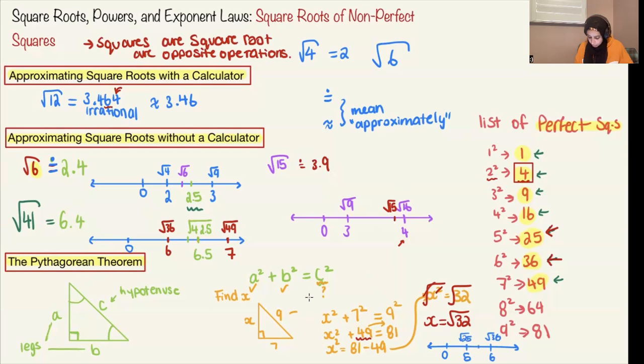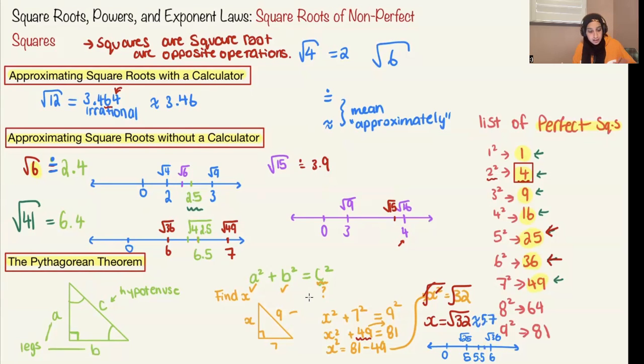Between 25 and 36, that's 11 units. And so the middle part would be 5.5 units away, like it would be 30.5, okay? But we're sitting at 32, so it's a little bit on this side. So I'm going to say it looks like it's 0.7-ish. So I'm going to say this is approximately 5.7.